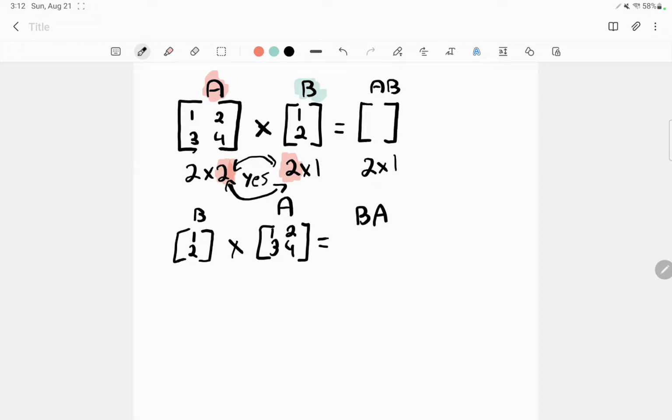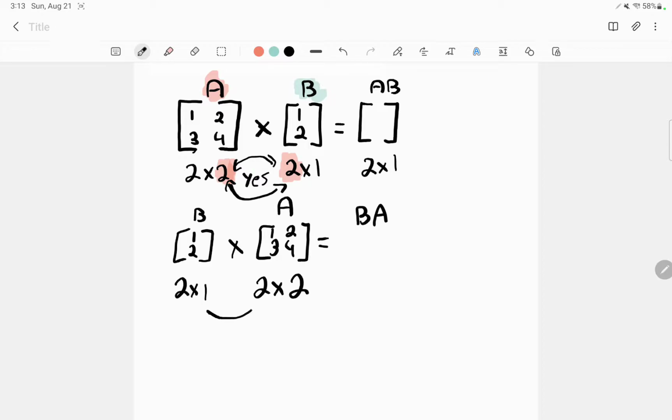Because we're multiplying. But whenever you multiply matrices, there's a big difference. It matters the order that you multiply them in. For example, what are my dimensions for this one? 2, 1. And for this one, it's going to be 2 and 2.